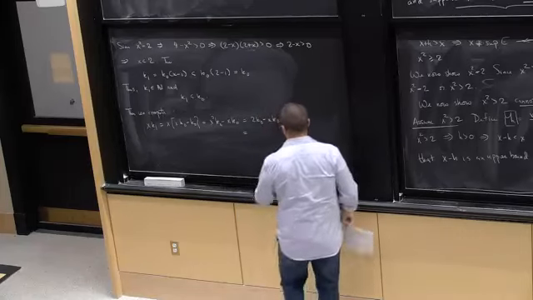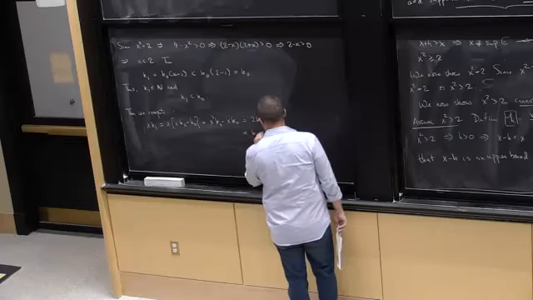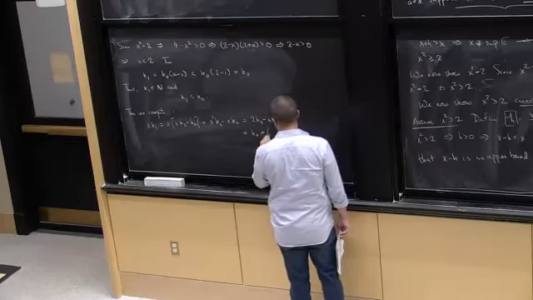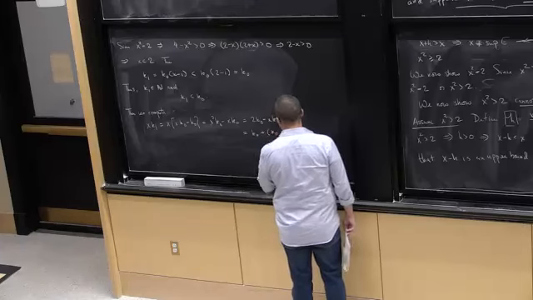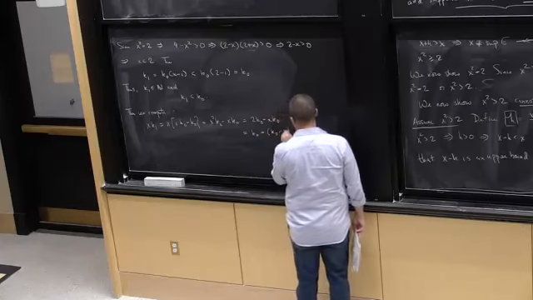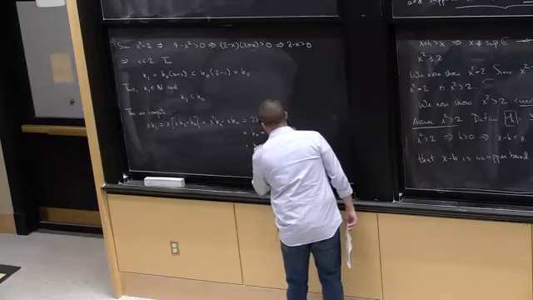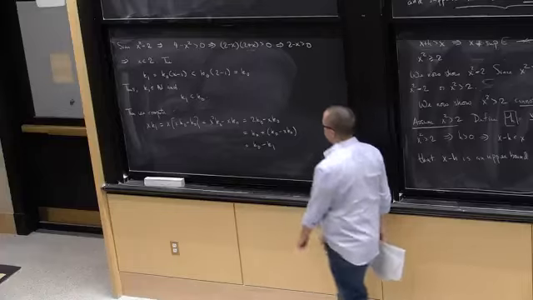And this last part is equal to K0 plus K0 minus x K0, which equals K1.